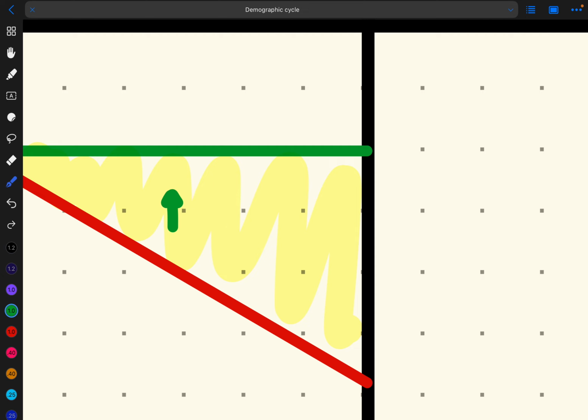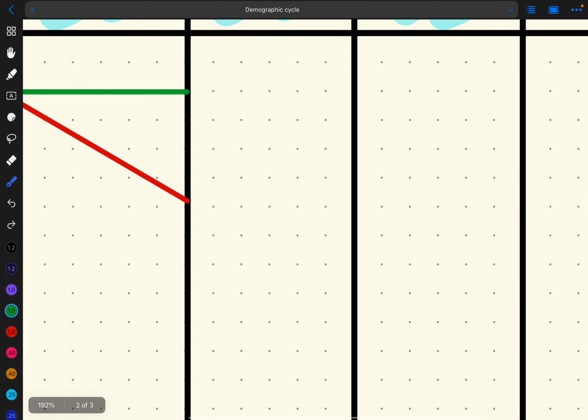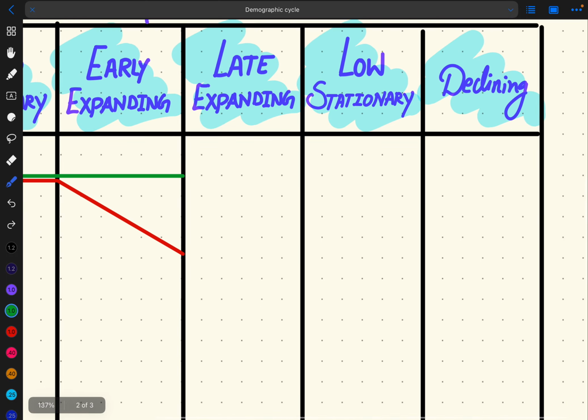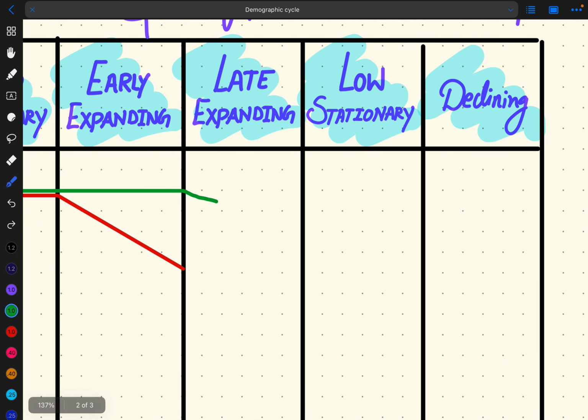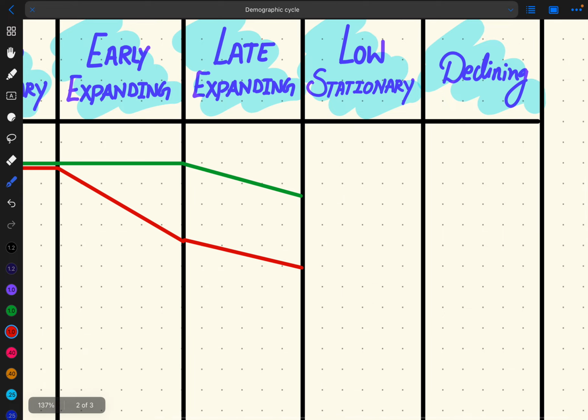We will cover this next. First look at this. In late expanding, birth rate dips slightly, not much, and death rate remains a bit steady. Death rate is present, but not as steep as in early expanding, right?